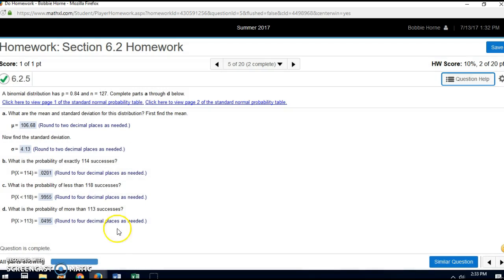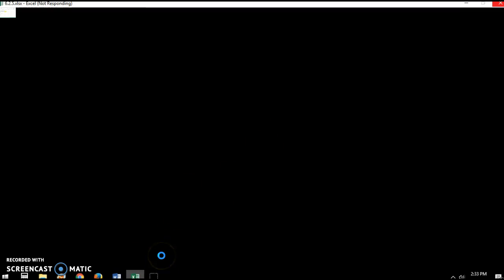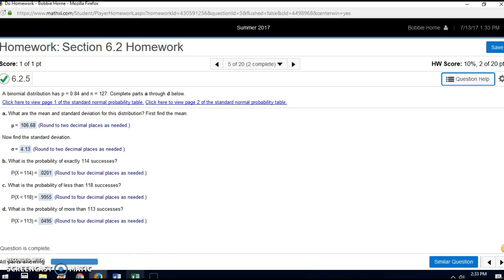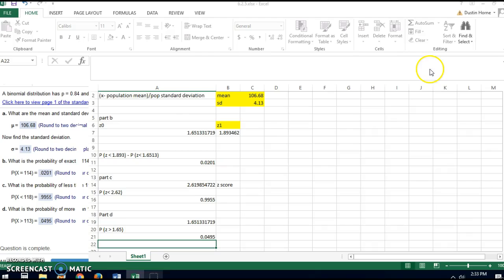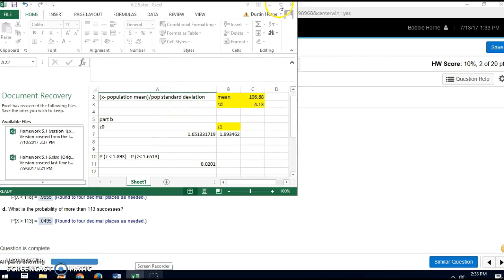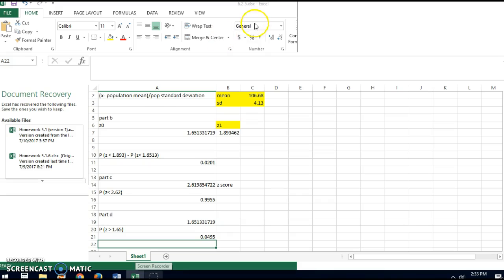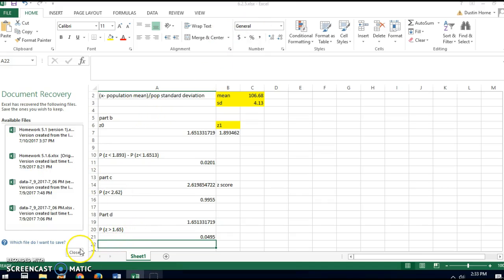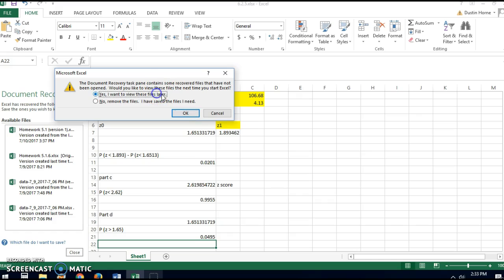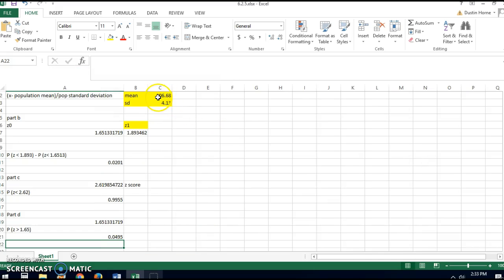This is your formula for a z-score every single time: X minus mu divided by standard deviation. So here are our key numbers. I've already made a spreadsheet for you. My computer's acting a little slow. Okay, so here are our values. Here's our mean.